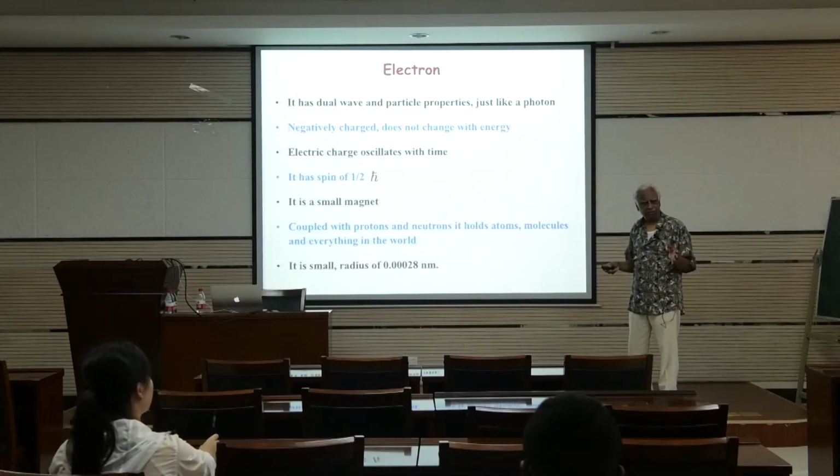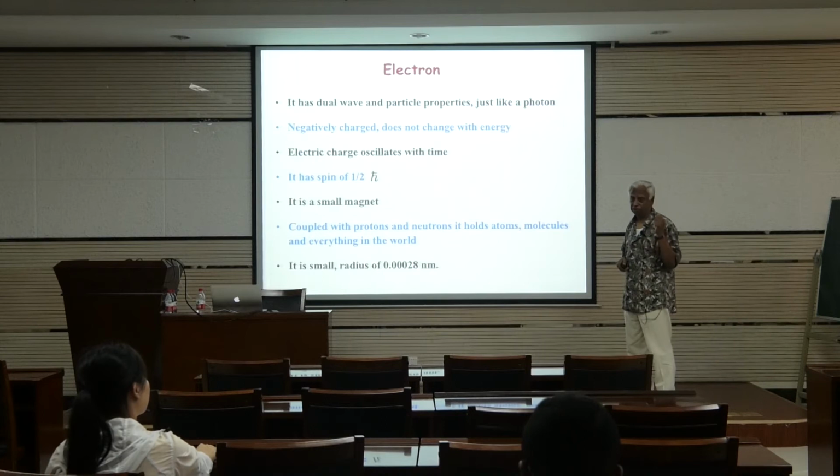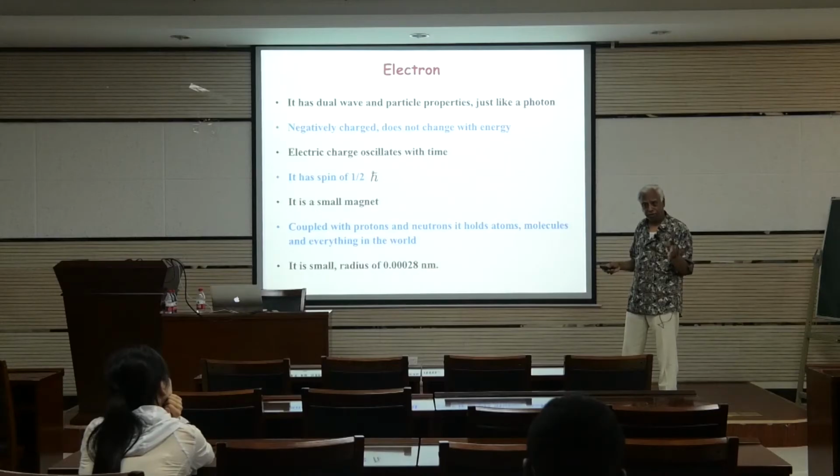So to know the electrons, you have to know what exactly an electron is. An electron is like a photon. It is also not that obvious what it is. Although we think we know everything about electrons, an electron acts like a wave, and it also acts like a particle. Photons, we already said, are like a particle.